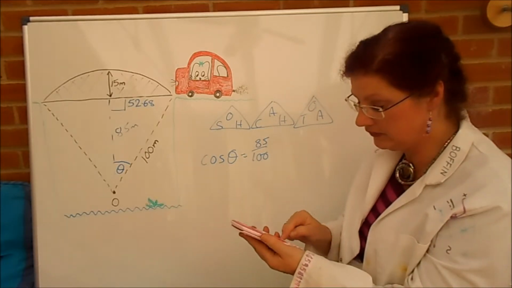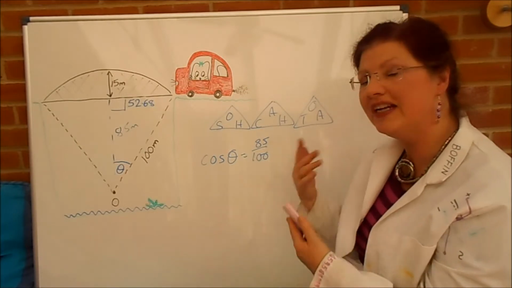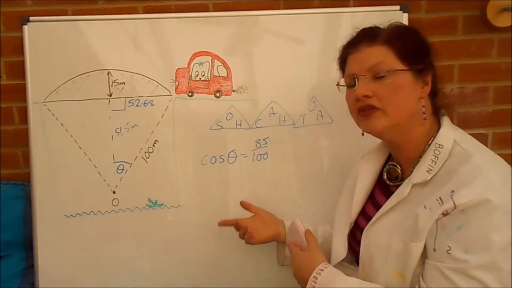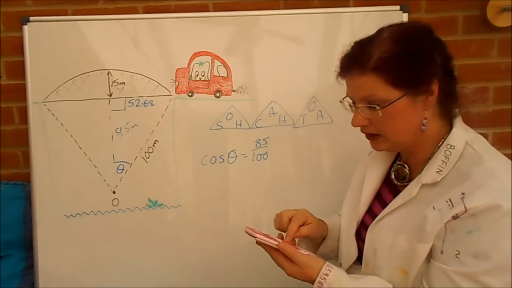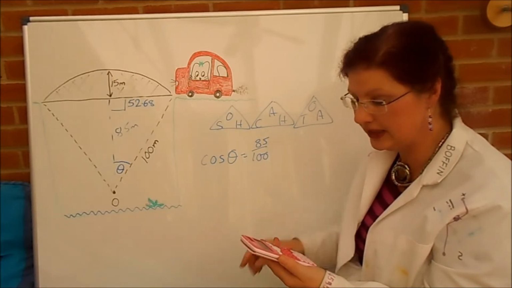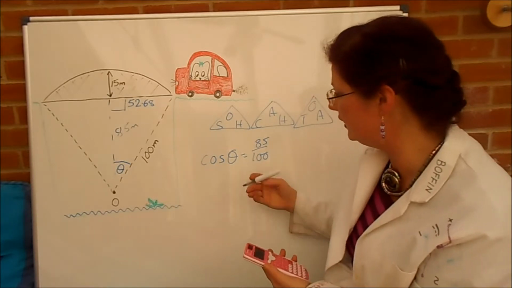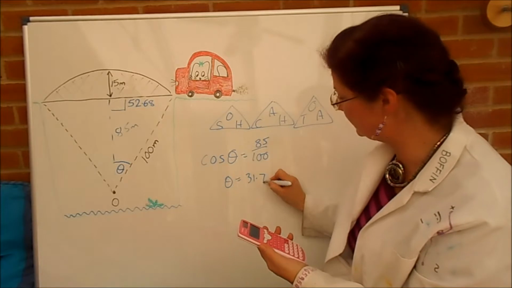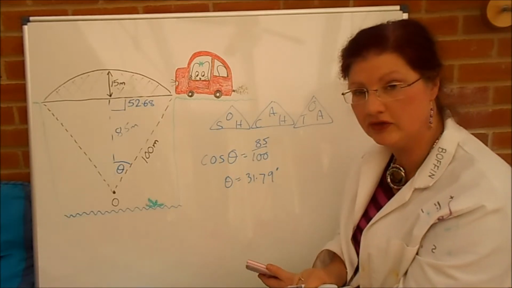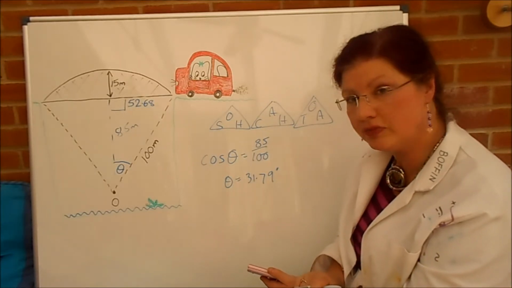So we're going to do 85 divided by 100. That is the cosine of the angle. So we're going to do cos to the minus 1, or inverse cos, depending on your calculator. Cos to the minus 1 of the answer equals, and we get an angle for theta as being 31.79 degrees to 2dp. Okay, which is pretty good.